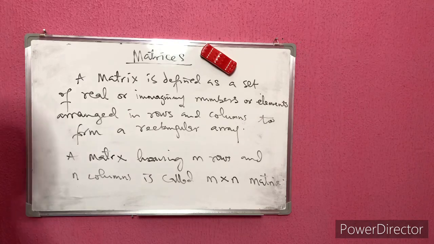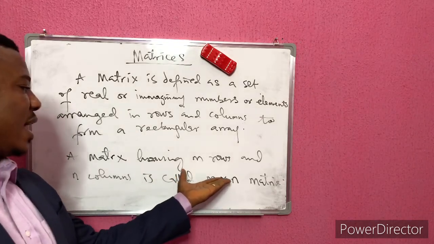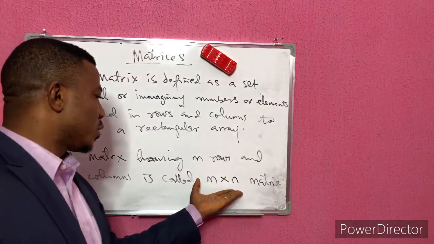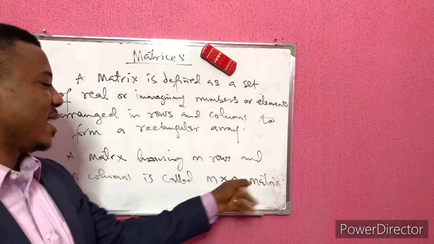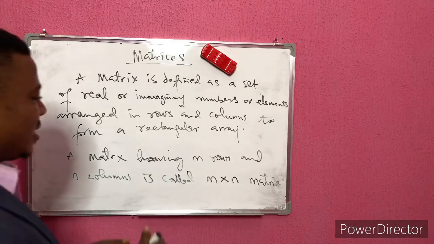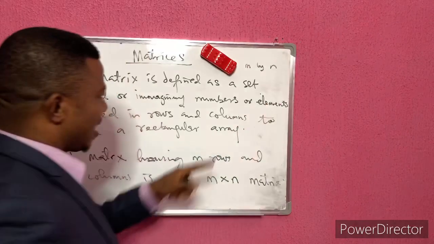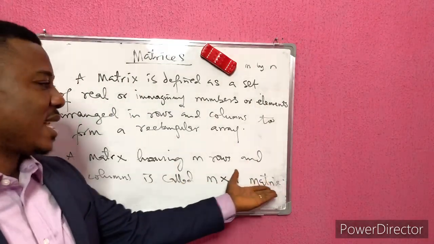You see, the m is the rows, n is the columns. So a matrix is called an m by n matrix. This multiplication sign is pronounced as by, like this, m by n, as you can see. So this is an m by n matrix.